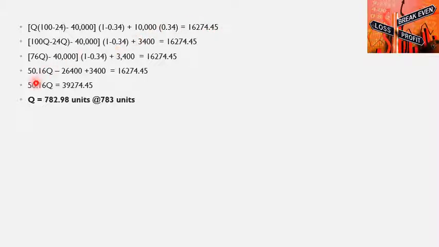Finally we get 50.16Q minus 26,400 plus 3,400, and we put OCF star here, 16,274 ringgit 45 cent. Then you divide by 50.16 to find Q. The final answer is 782.98 units, or 783 units. This is the answer for financial break-even.